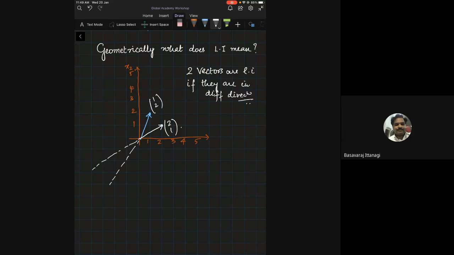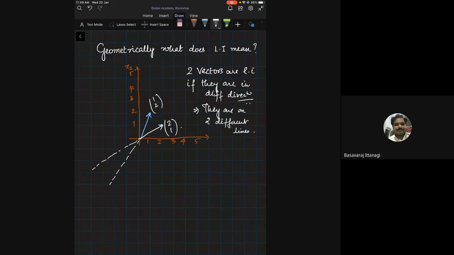Is this clear? It also simply means they are on two different lines. Is this okay? Is everybody fine with this?